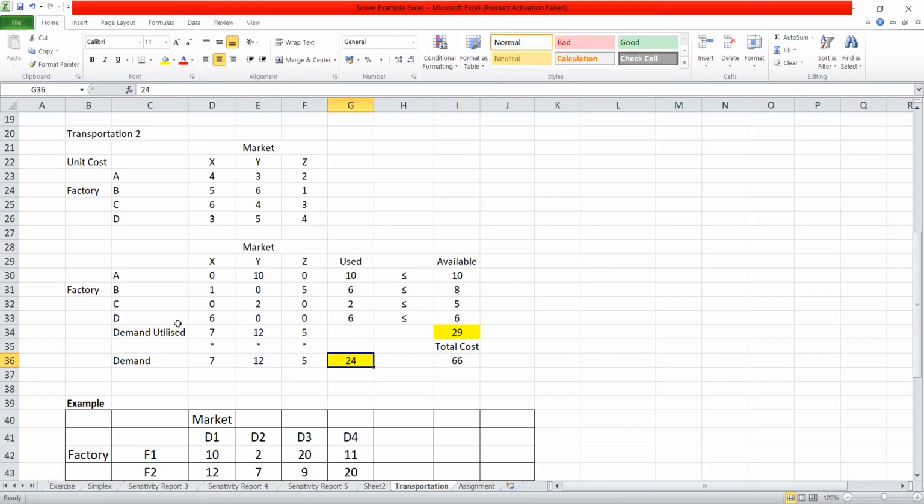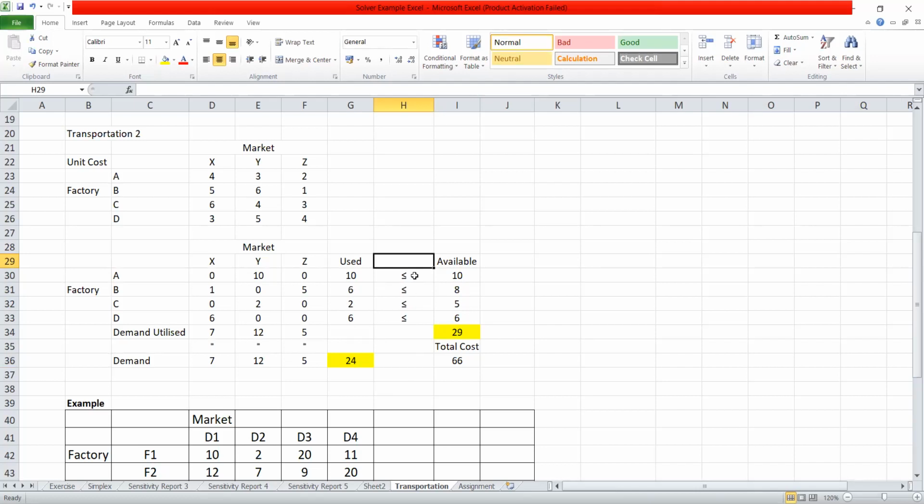But here we are not incorporating any dummy row or dummy column as dummy demand or dummy supply. We are using the symbol instead. On the supply side it is changed to less than or equal. Why? Supply is greater than the demand, so using the existing supply we can fulfill the demand. But we know that 5 units are going to be in excess because of the lower demand in the market.